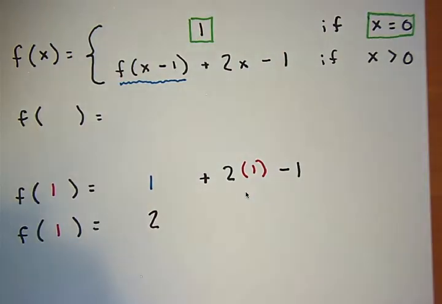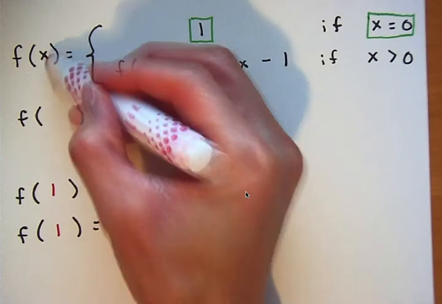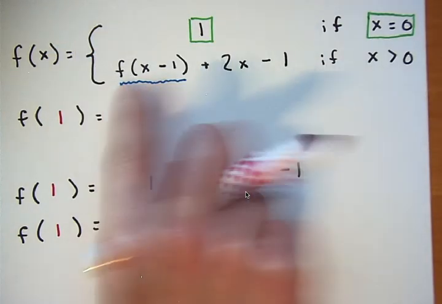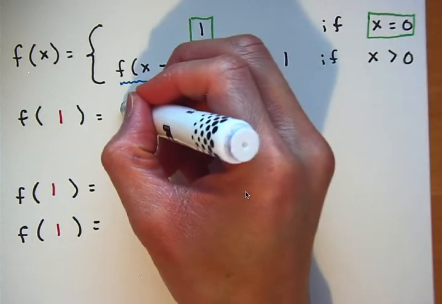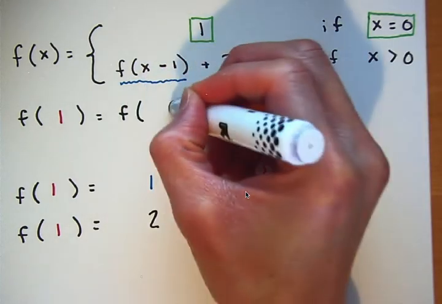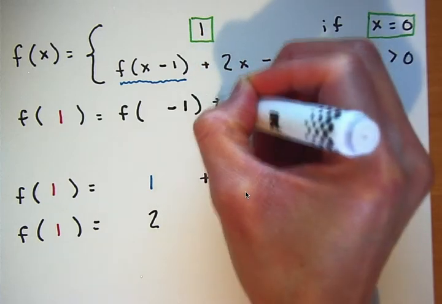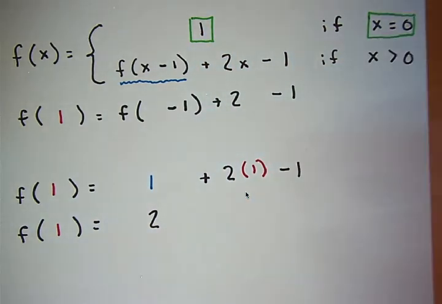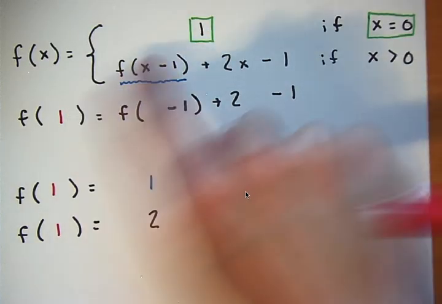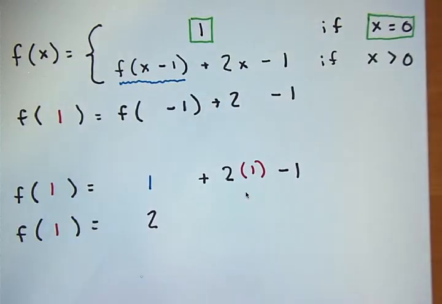let's plug in x equals 1 into here. So all I'm going to do is change all of my x's to 1. So I changed that x to 1. Now I'm going to change this x to 1.